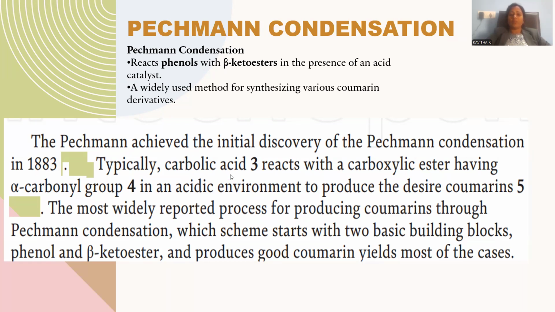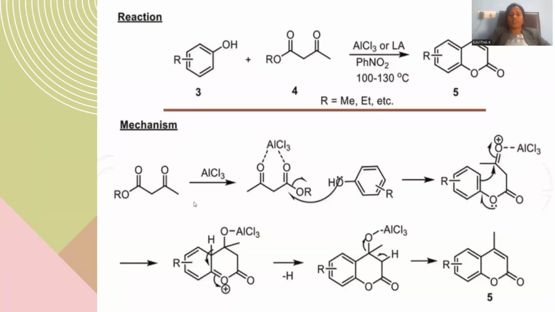Typically, carbolic acid is one of the starting materials and reacts with the carboxylic ester. That carbolic acid stands for phenol. So here beta ketoester is another starting material, to be treated under acidified conditions.